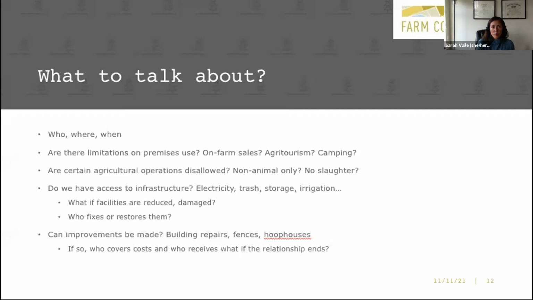What can we build? What can we do in terms of improvements? What about repairs? What about fences and hoop houses? If I put that up as a tenant, a farm tenant, and I'm asked to leave, what happens to that investment? Do I just eat it and walk away? What happens if and when this leasing relationship comes to an end?